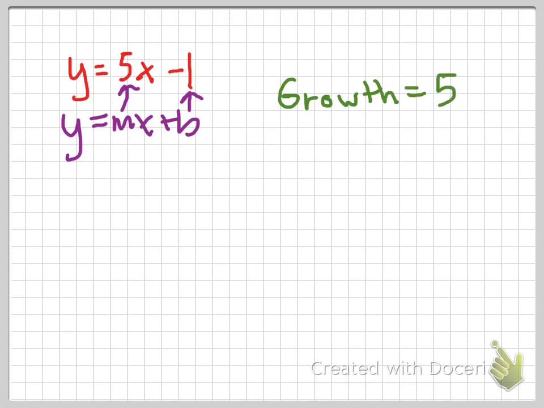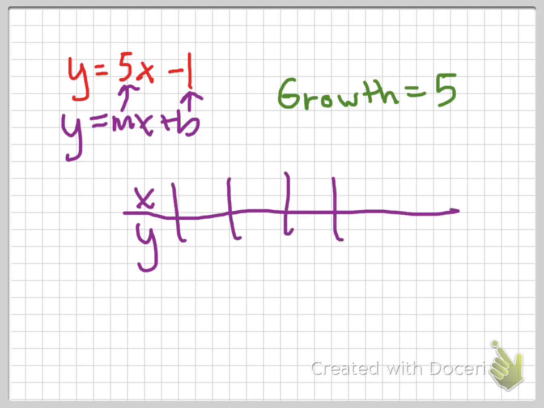That means if I was to make a table, let's do that here. Let's make an XY table for this pattern. This is a table that is growing 5. So we're going to set up our little table here, and I apologize, it's a little messy. But let's start it with figure 0 and go figure 1, figure 2, figure 3.